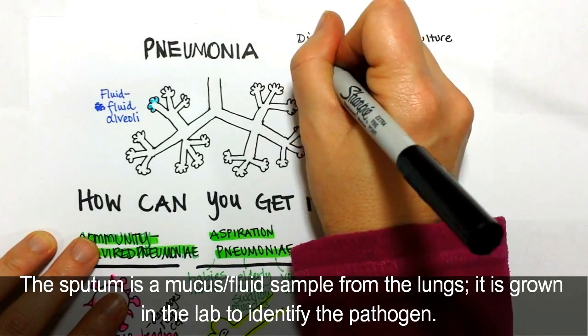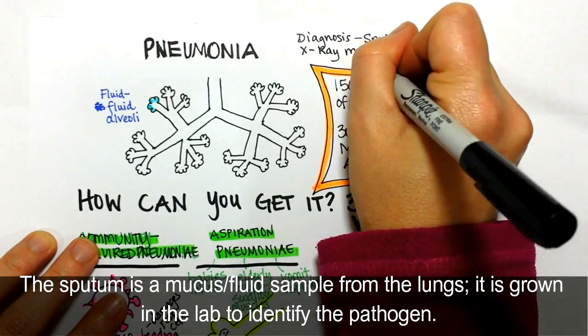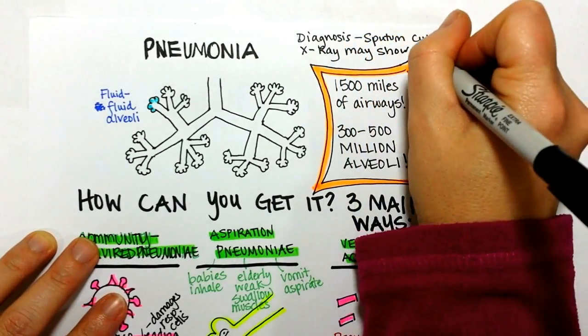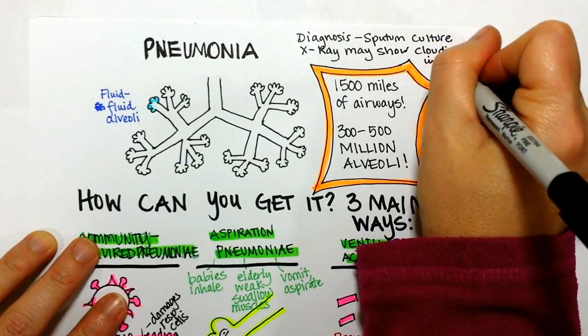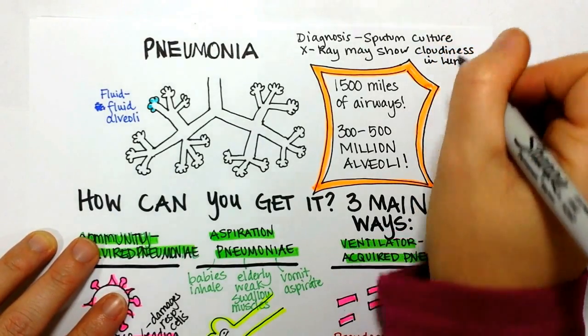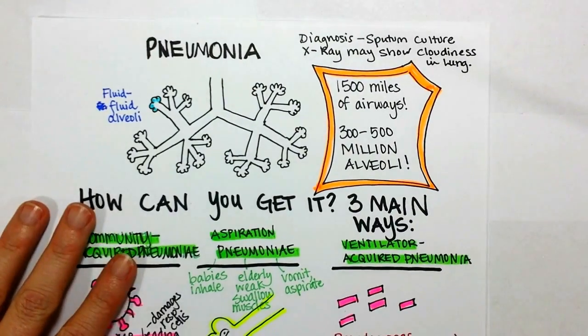And sometimes an X-ray is done to look for cloudiness. And a healthy lung should just appear black, so the cloudiness could show signs of infections.